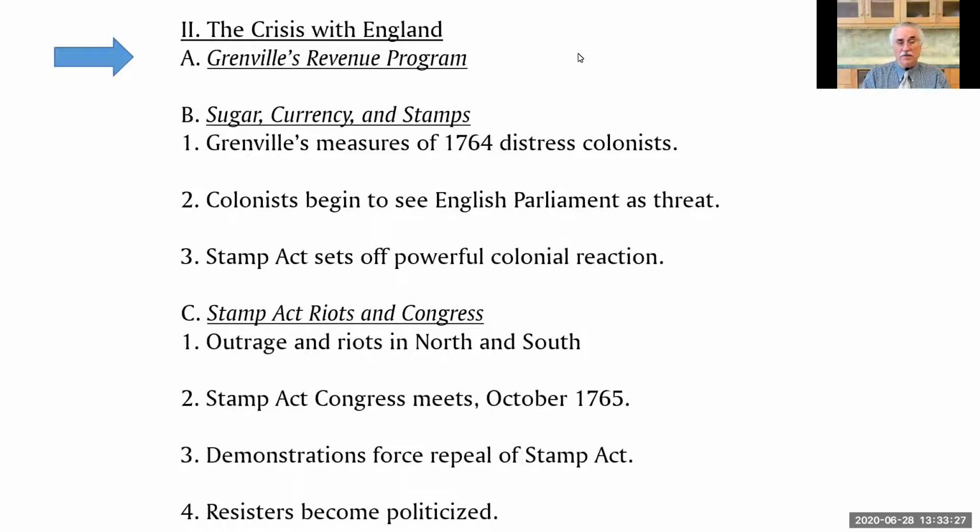That revenue program began a rift, as one scholar said, between England and her colonies that led to the Revolutionary War, or the War for Independence. That is, Grenville's revenue program permanently breached the relationship between England and the colonies, and it could never be repaired.